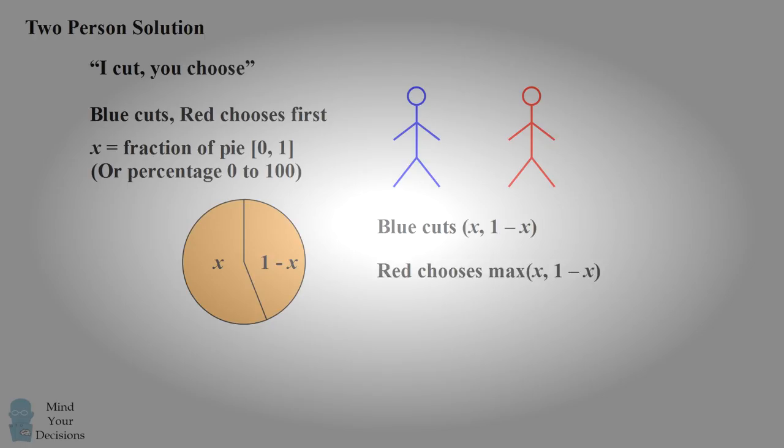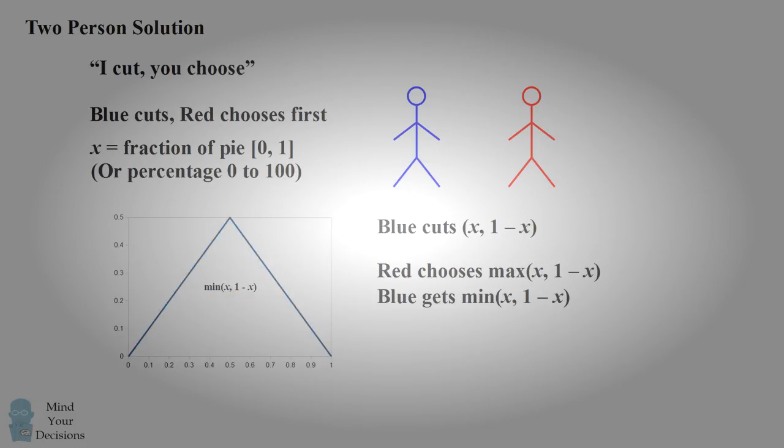Red is going to pick the larger of the two pieces, written as the maximal function of x and 1 minus x. This will leave blue with the minimal of the two values, x and 1 minus x. Now blue wants to get the largest piece possible, so blue is going to look at the graph of x and 1 minus x being minimal, and then choose the largest value of this graph.